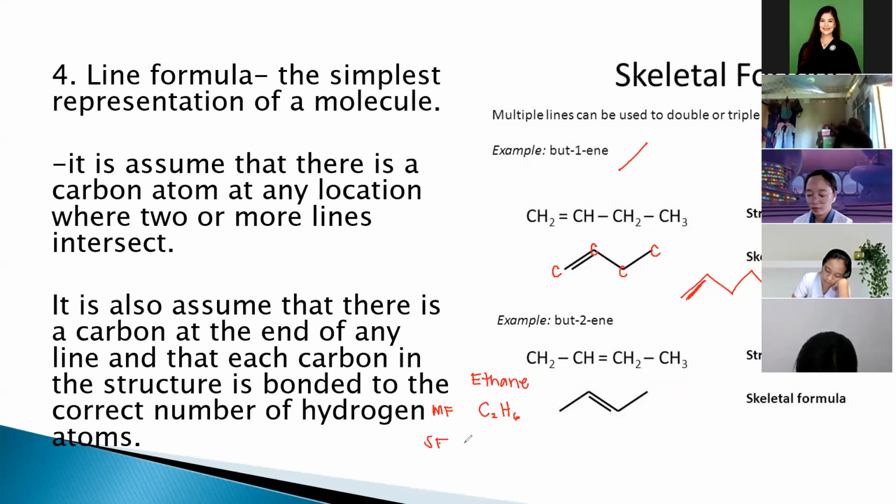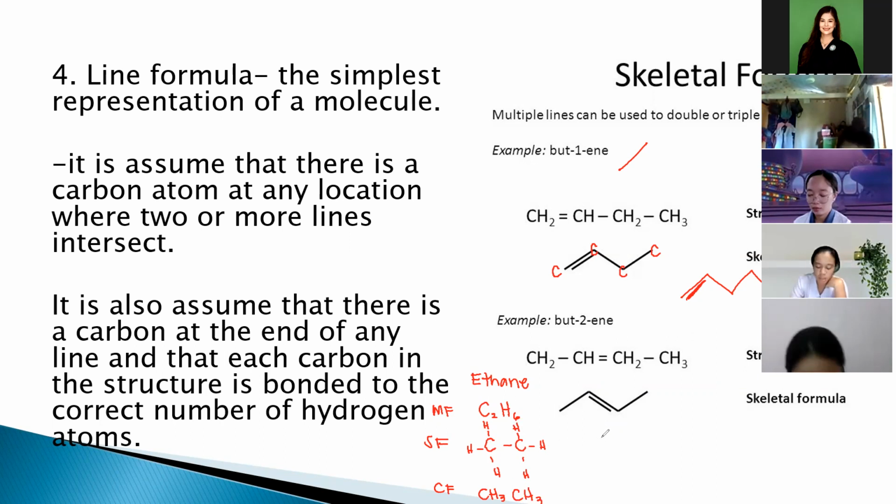Pero yung structural formula niya, kailangan mo talagang isulat lahat with all the bondings. So if i-fill in mo yung remaining bonds with the hydrogen. And then yung kanyang condensed formula, group natin sila together. So you have there the CH3. And then this carbon here will be CH3 also.